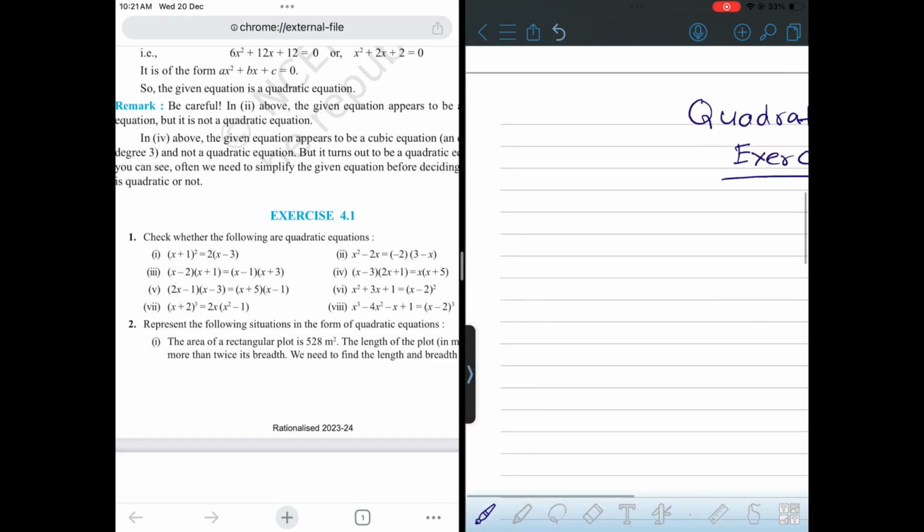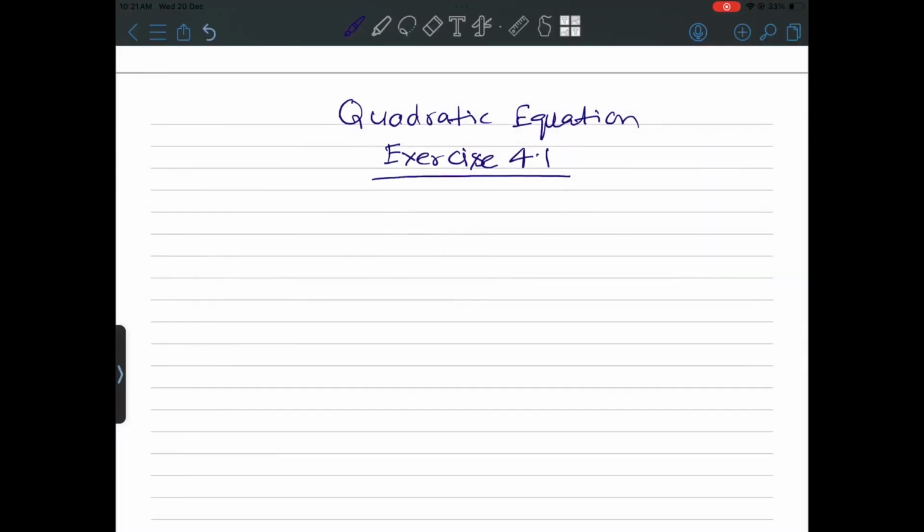The first question, 1(i), is the equation (x plus 1) whole square equal to 2x minus 3.